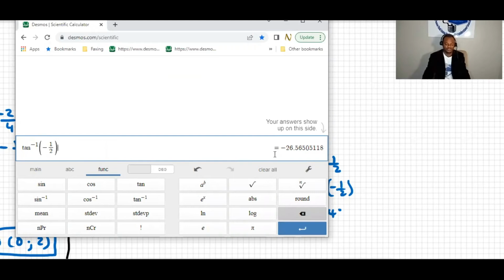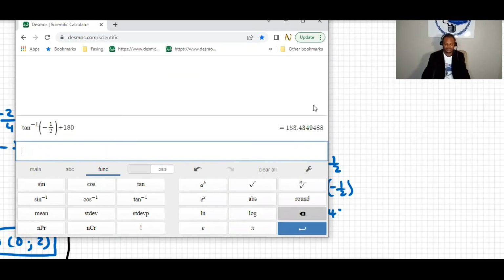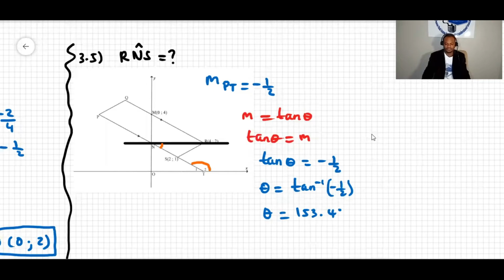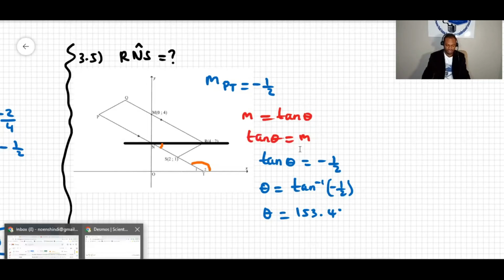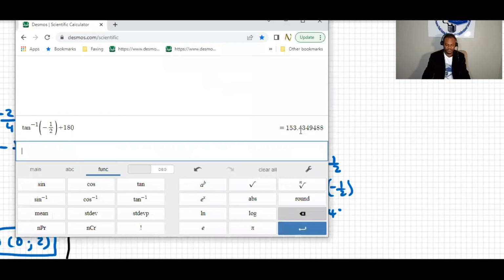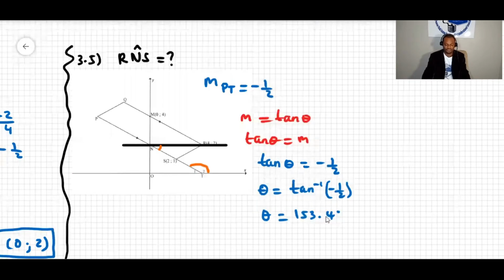To find the actual angle, we can just add 180. This is equal to 153.43 degrees. So the angle is 153.4 degrees. Now, I know this angle, but I need to find N.